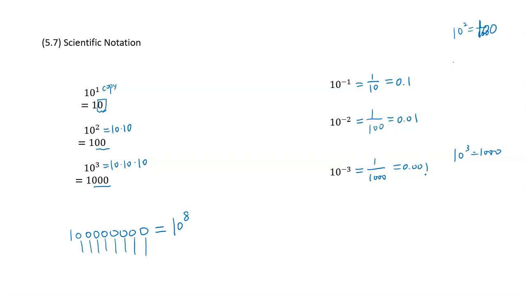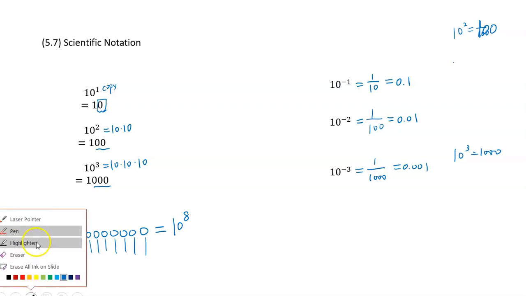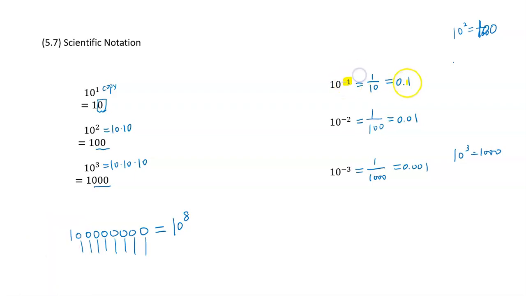Here, let's find a pattern between the exponents and how many decimal places are to the right of the decimal point. Notice that if the exponent is negative 1, we have 1 decimal place. For negative 2, we have 1, 2, 2 decimal places.